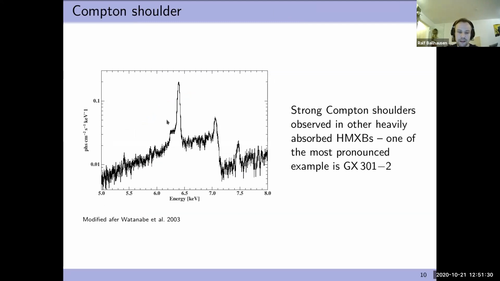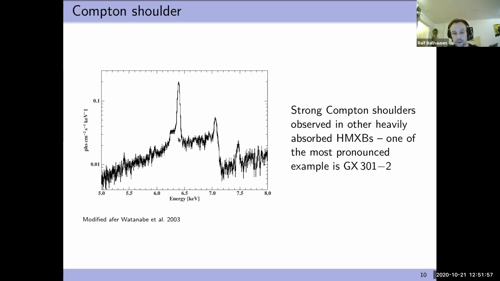So to go back to this Compton shoulder issue, this is an example where I always stress this is important, of another X-ray binary where I see this. GX 301-2 is also a supergiant X-ray binary, and there this is a Chandra spectrum of the iron line, and this is this Compton shoulder feature which we see. So this has a similar column density, and this is how the iron line looks there.